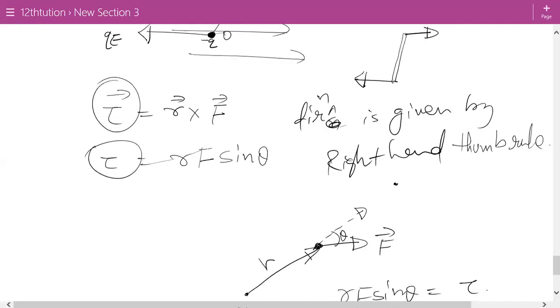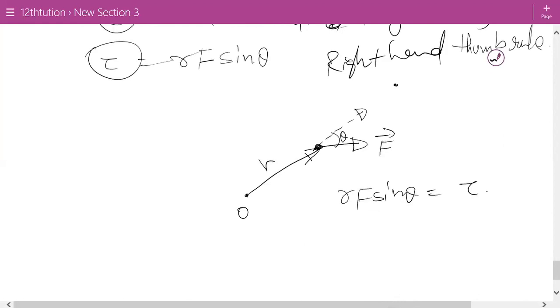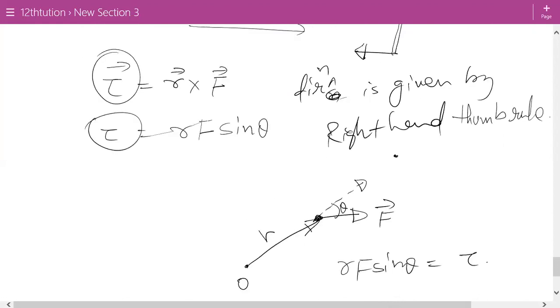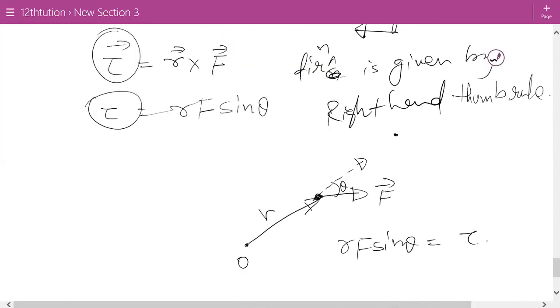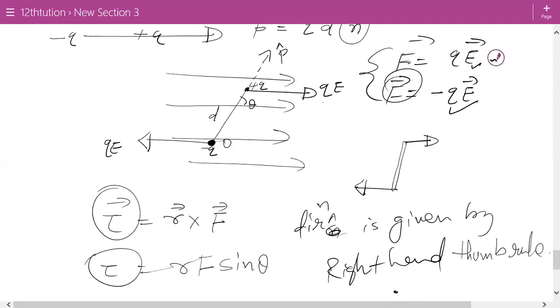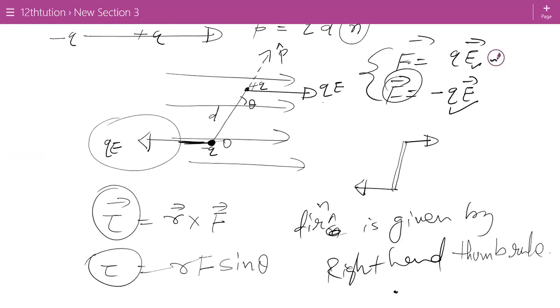So what is R for the QE force? It is 0, because R is the distance between the origin and the point where the force is applied. If this point is the origin, the force is also applied at this point only, so the distance is 0. Due to this force, the torque will be 0.